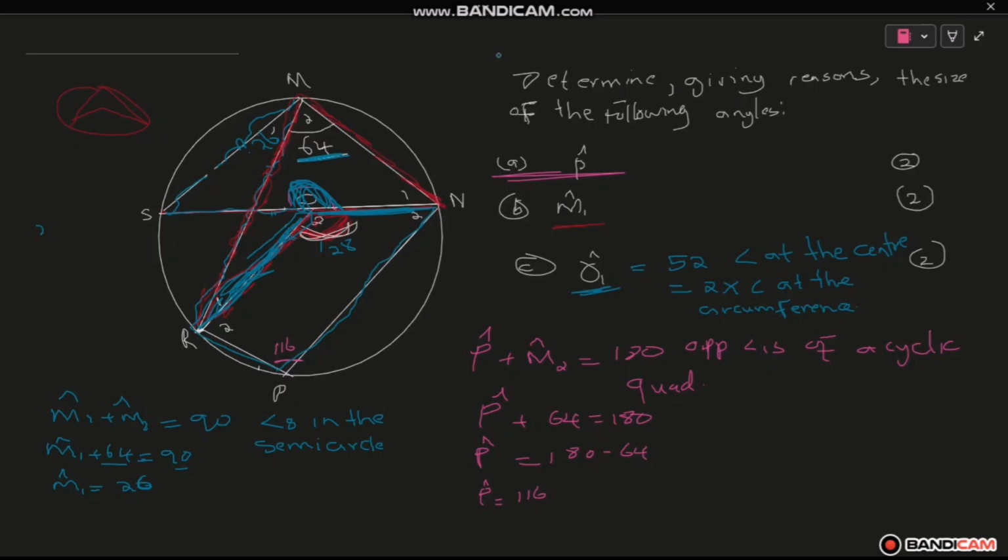164 times 2 to get 128, using the first scenario of angle at the center is 2 times angle at the circumference. But if we actually had 128 there, for an example, we'll write it as 360 minus 128 for reflex O. We found that it is 232, and 232 is actually the half of P. I hope you guys understood this, but please try to understand it.